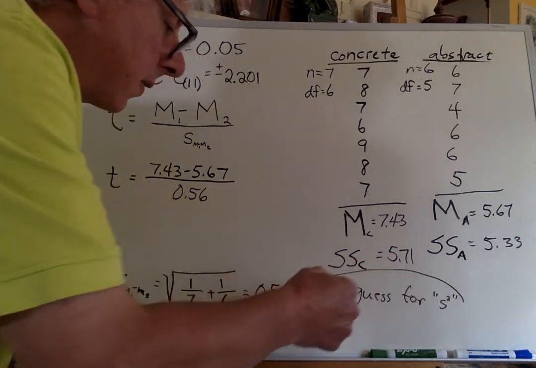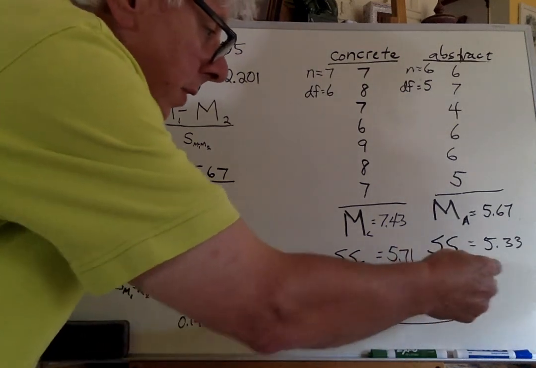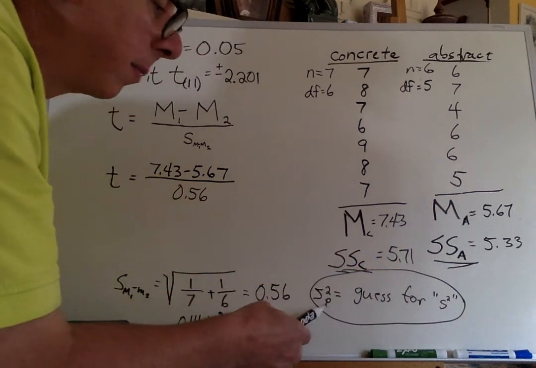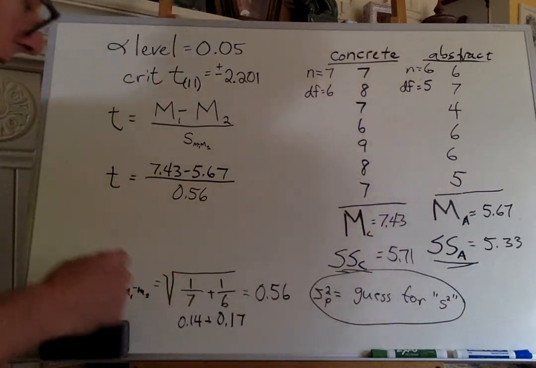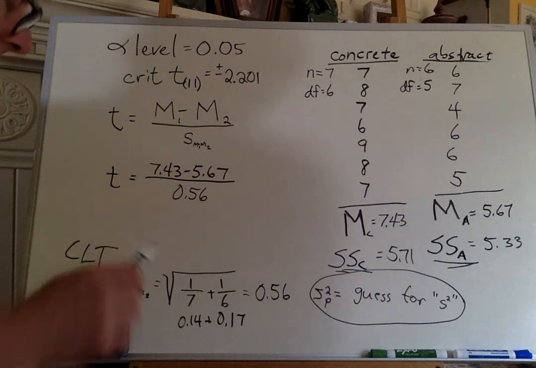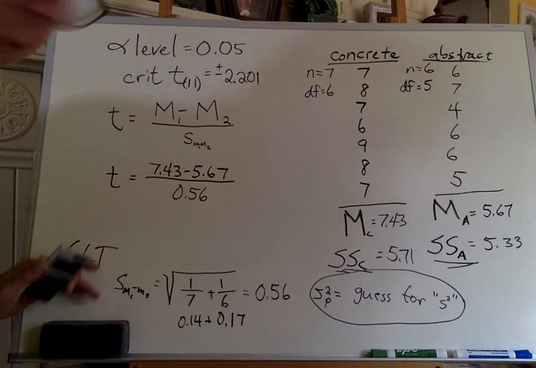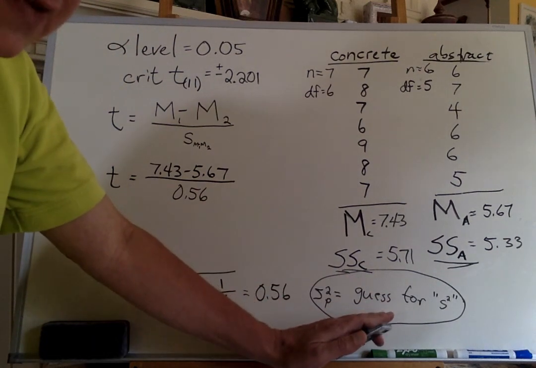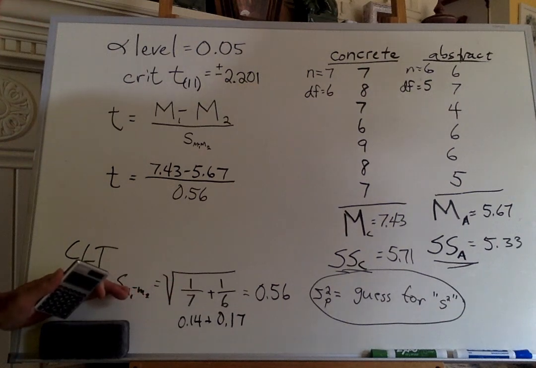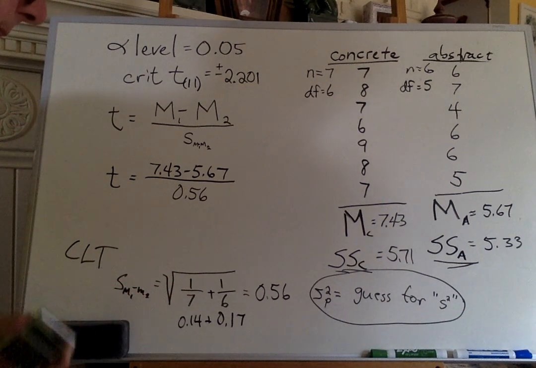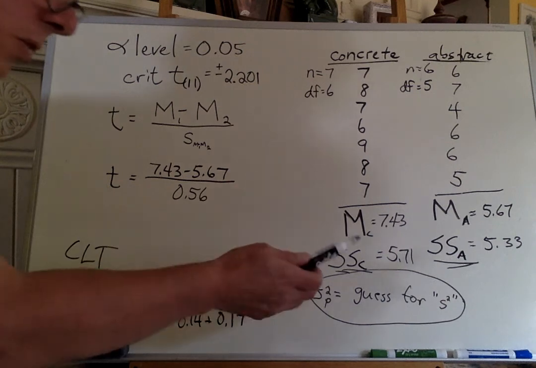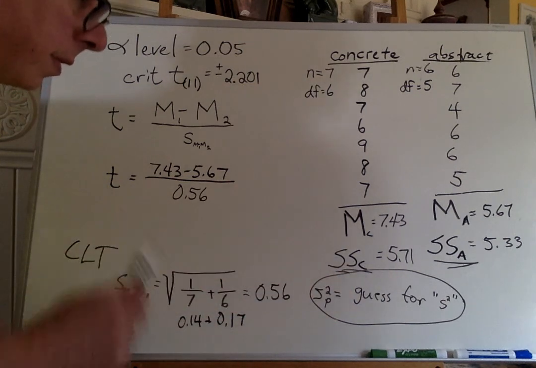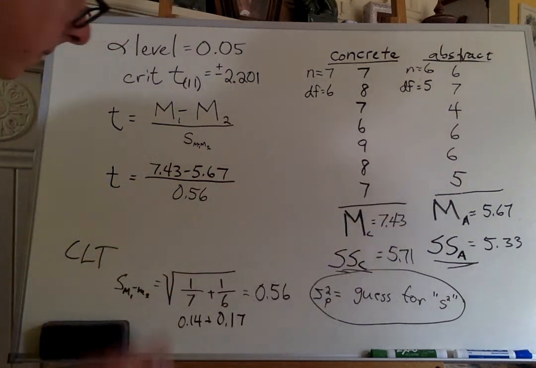Our guess for S was our first step, our building blocks. Then this becomes our central limit theorem treatment, right? We got our guess for S, now we need S sub M, okay? So two steps, boom, boom, from our building blocks.